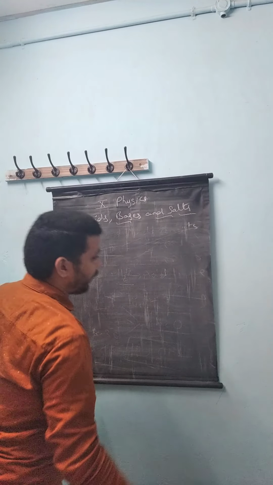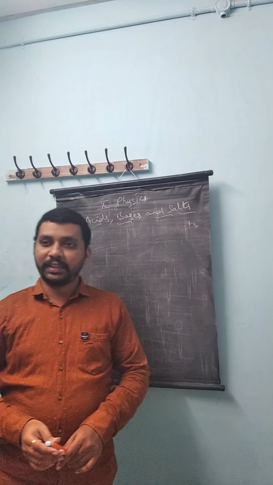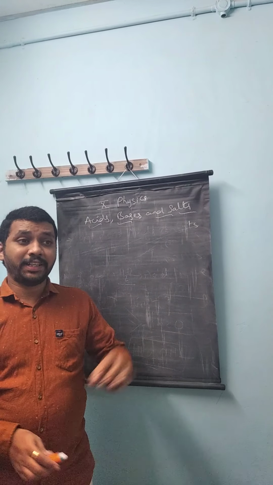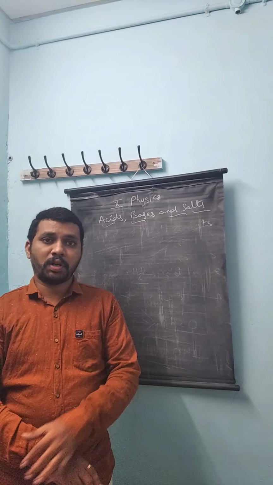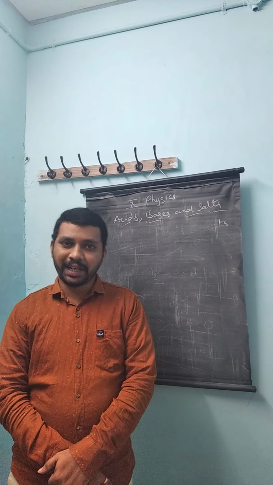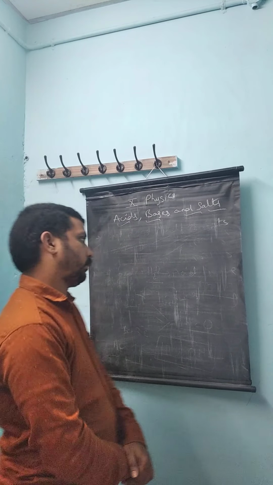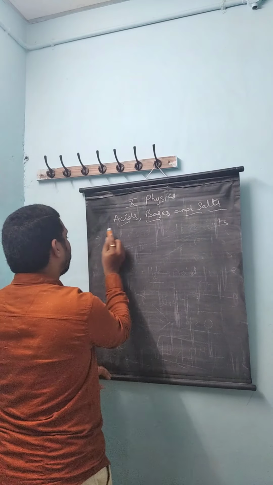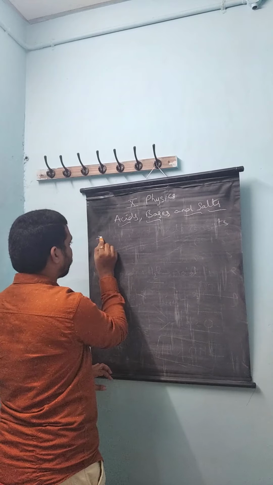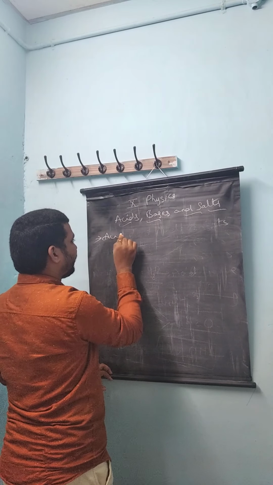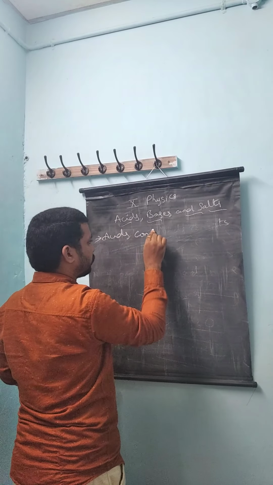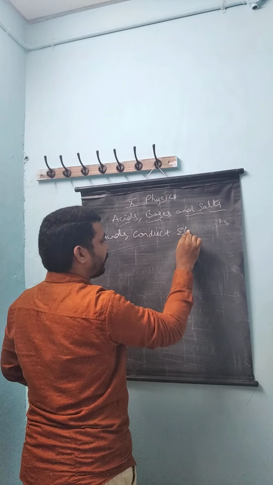Now, let us consider an activity to see how this hydrogen helps us, or what the use of this hydrogen in acids is, by conducting an activity. Do acids conduct electricity or not?